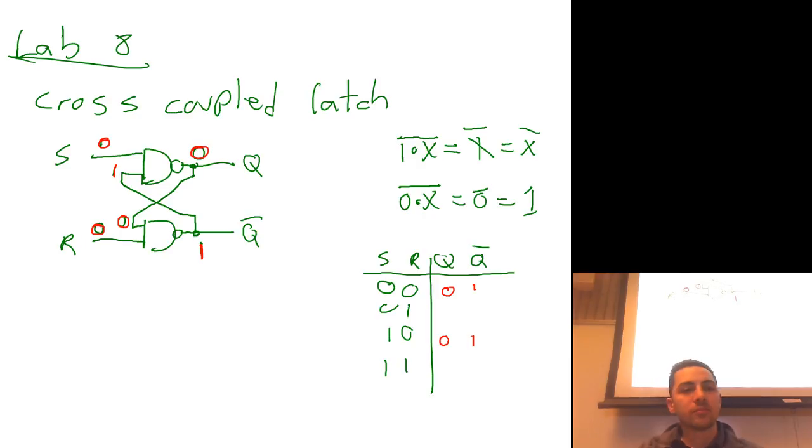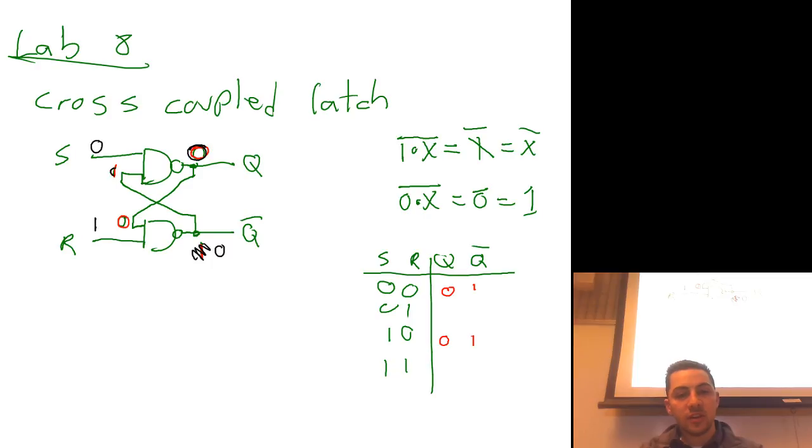0, 1. Let me do a little bit of erasing here, just so we don't get confused. So we put a 0, 1 on this. And what do we have? All right, so 1 NANDed with 0 is 1. 0 NANDed with 1 is 1.